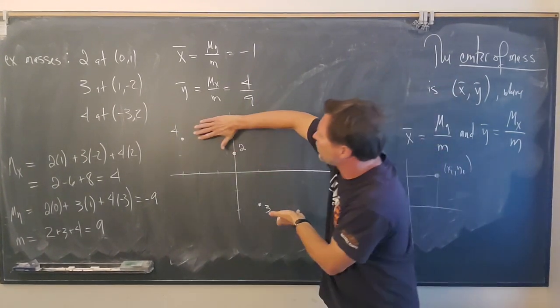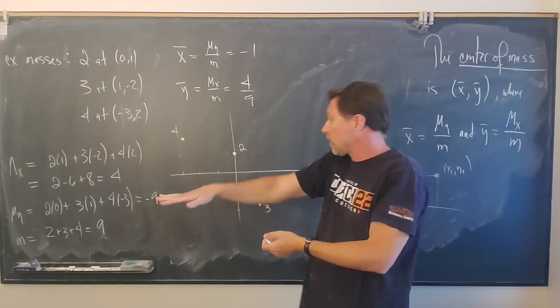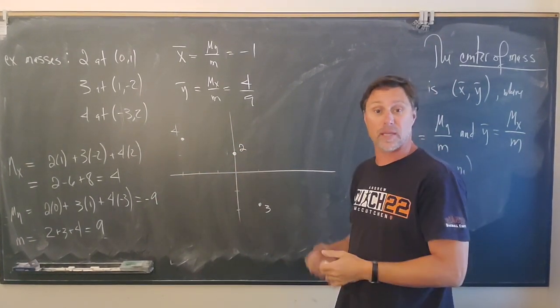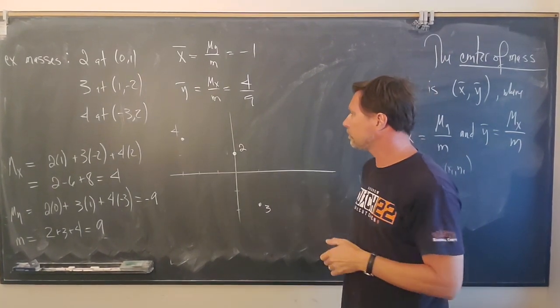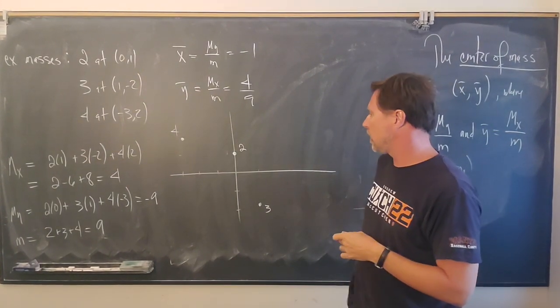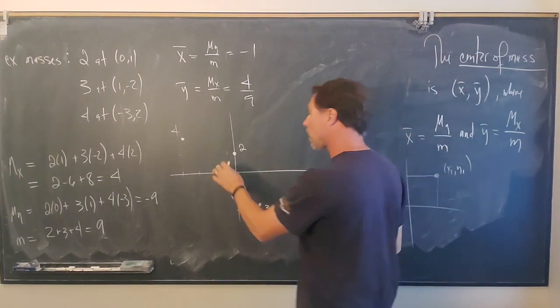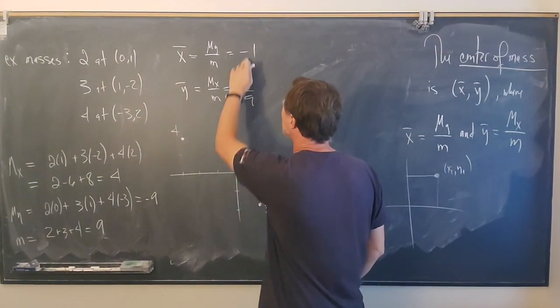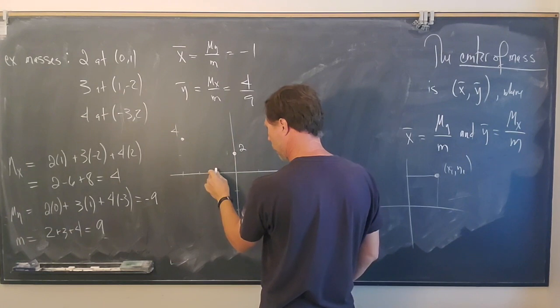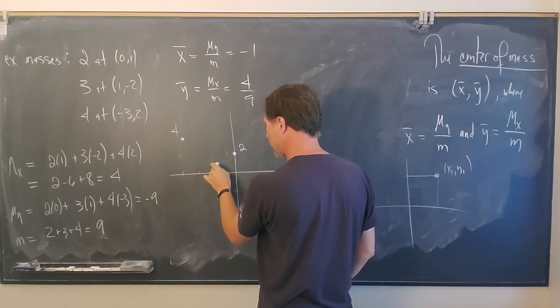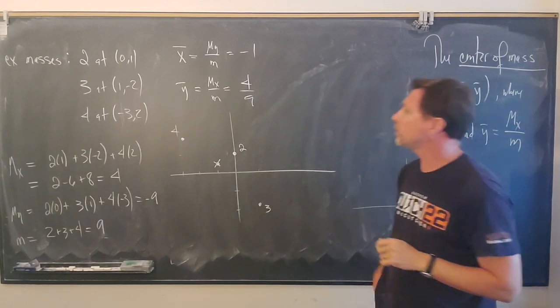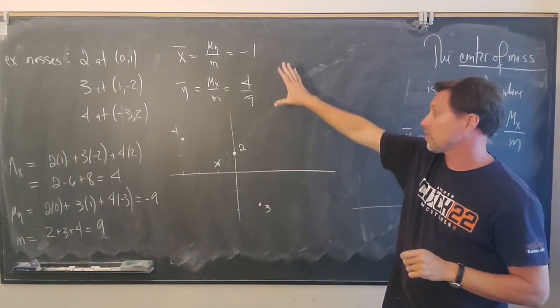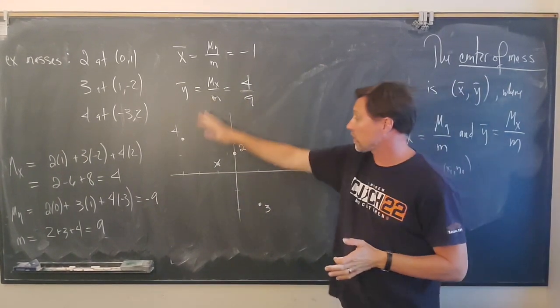If you could take this picture and hold it horizontally, what we want to do is find the balancing point. Right? So if you imagine taking these masses, where would you need to put the balancing point? So our computation right here tells us, let's see, it's negative 1 and then 4/9 is about 1/2. So right about there is our balancing point. So hopefully this answer makes sense based on your geometric intuition.